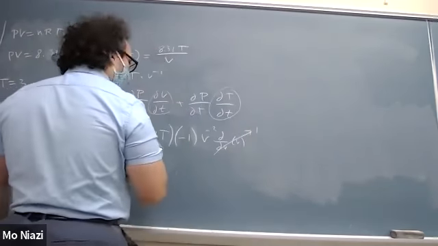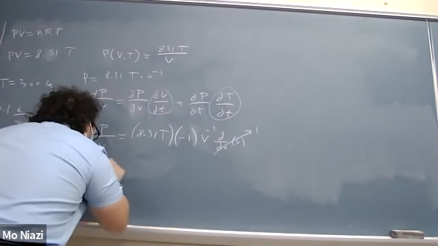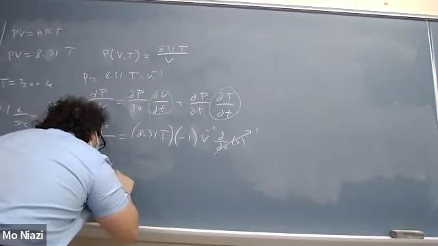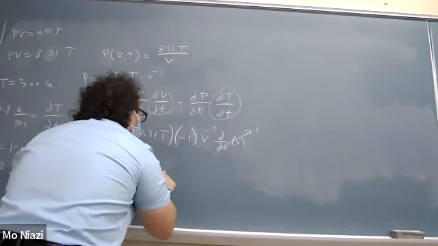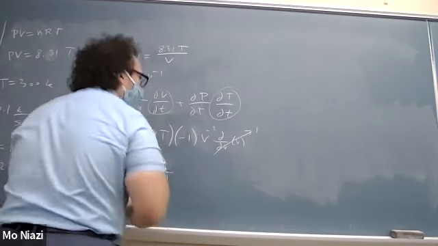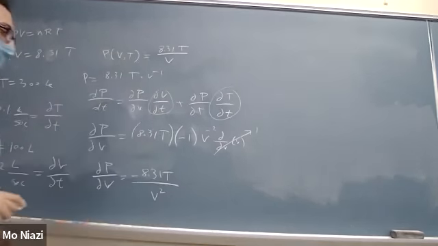So partial P, partial V reduces to negative 8.31 T over V squared.